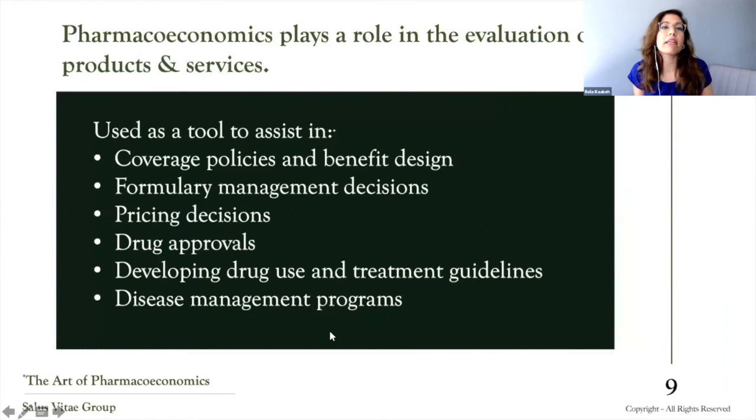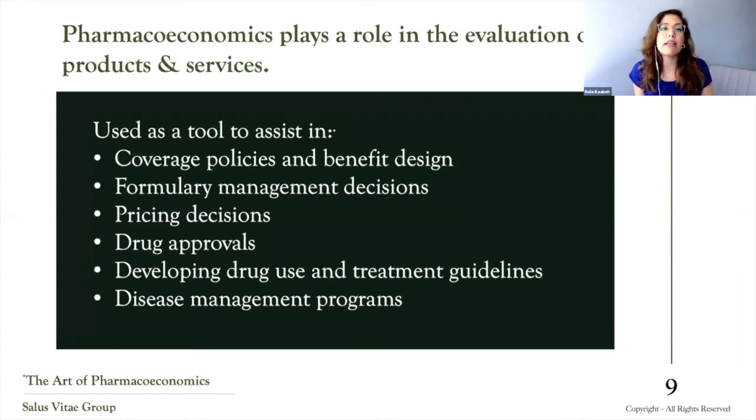Now, pharmacoeconomics in general plays a role in the evaluation of products and services. That's the overarching goal or role of these types of analyses. And it is used as a tool to assist in what is highlighted here on this slide. Because like I mentioned, it is not the only tool that is used. So you add it with whatever it is that you're doing and supplement to think about your different options and how you're best making decisions.